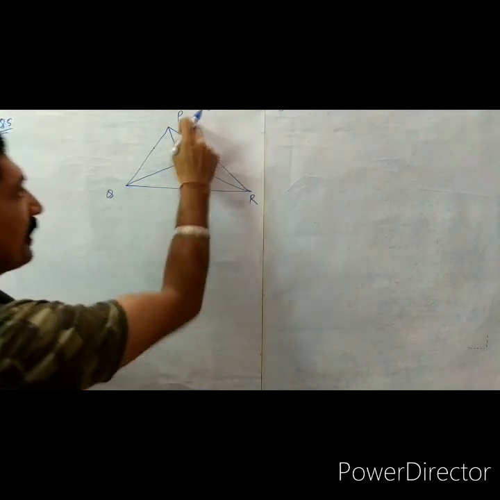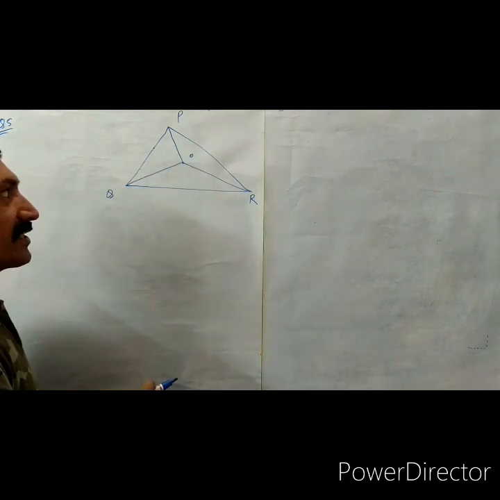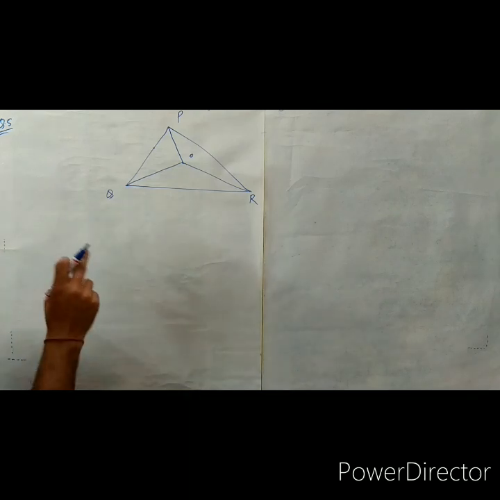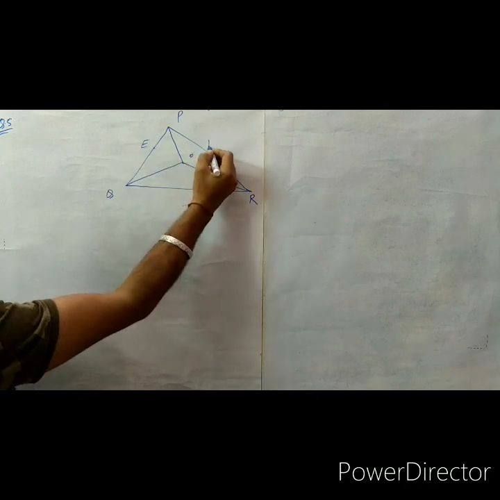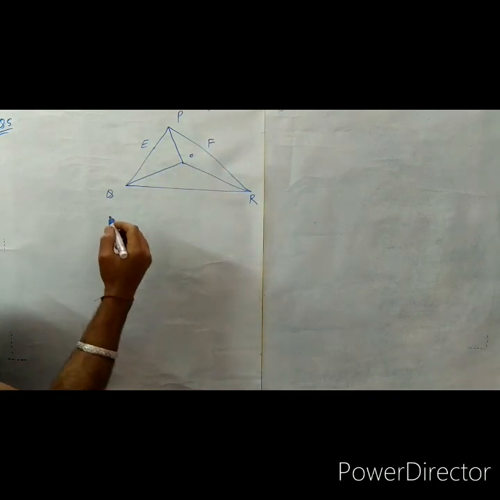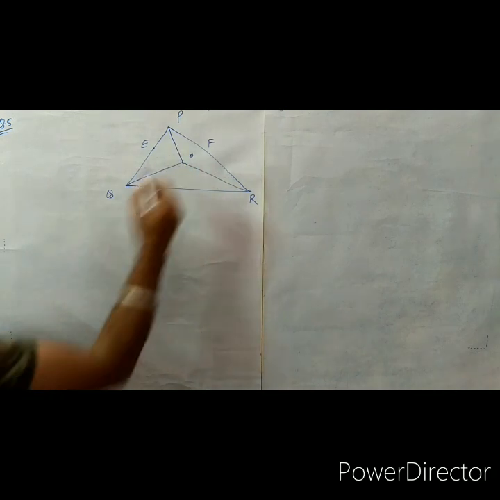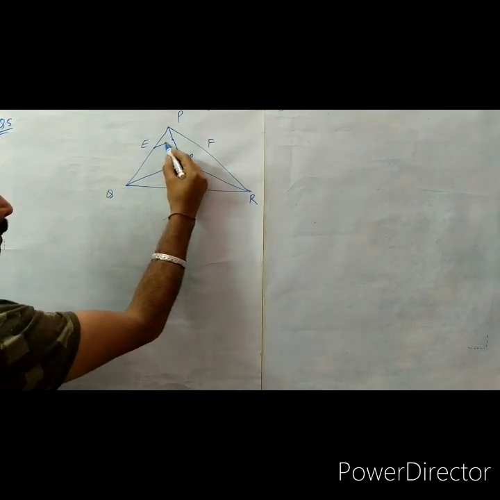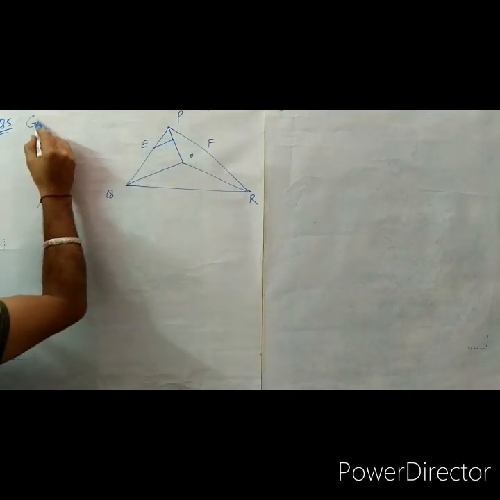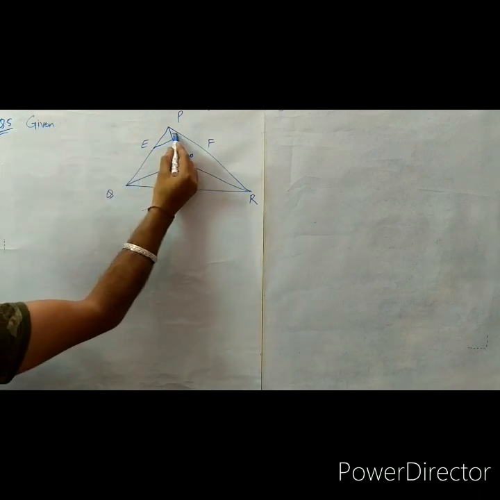This point is R. P, Q, R are the vertices of the triangle. O is a point inside the triangle, such that F is a point on this side, and there is a point D here, given.